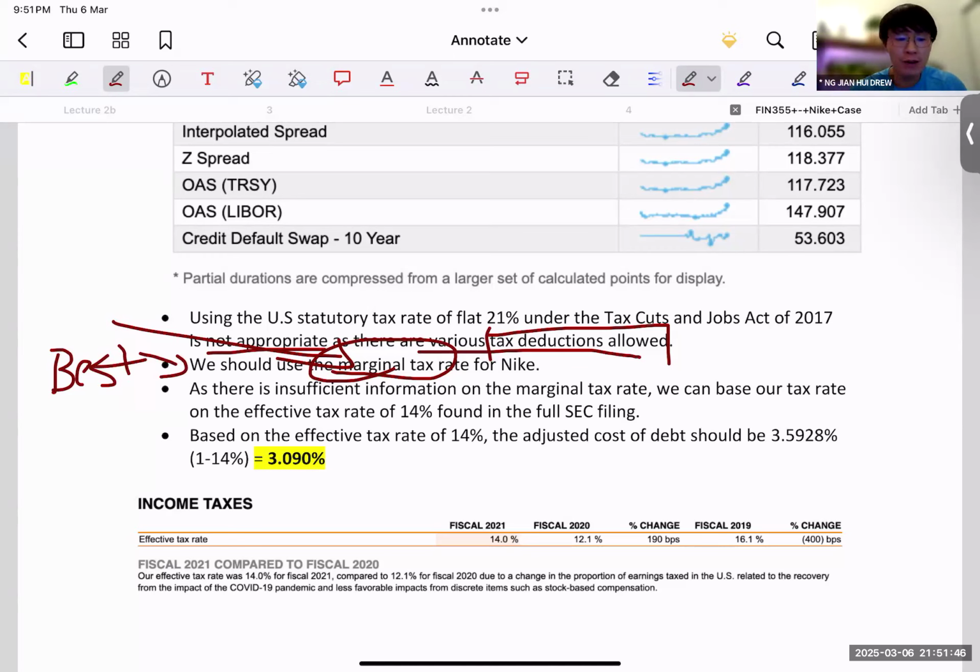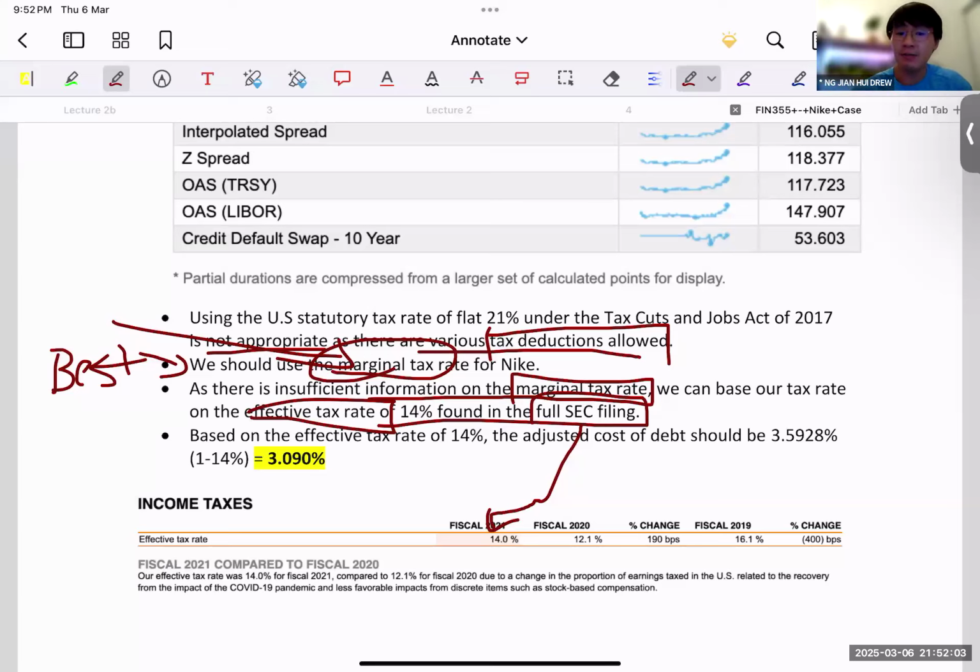However, in a situation where you have insufficient information to determine marginal tax rate, our best case is to use effective tax rate, which is found in the SEC filings given here at 14%. So in your firm valuation, please determine the effective tax rate if you cannot determine your marginal tax rate, but do not use the flat 17%.